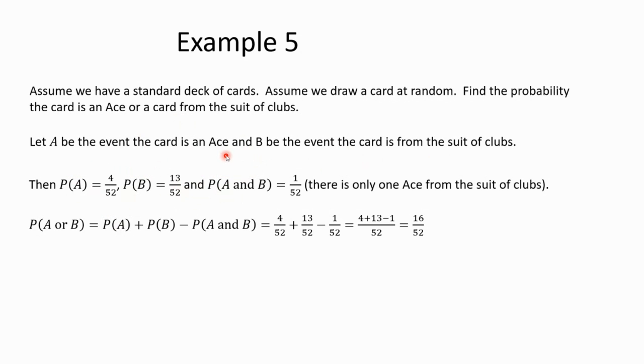There's only one outcome in A and B: drawing an ace that's in the suit of clubs. You would need both events to occur. That is, you would need an ace from the suit of clubs, and there is only one. So the probability of A and B would be 1 out of 52.